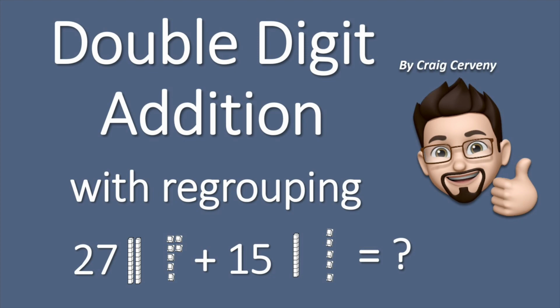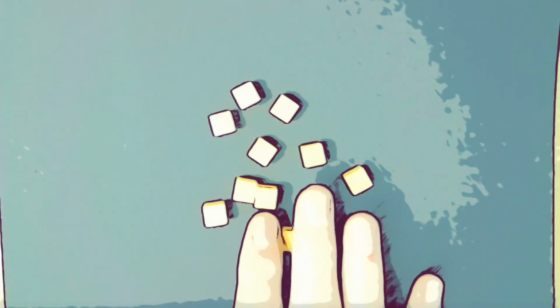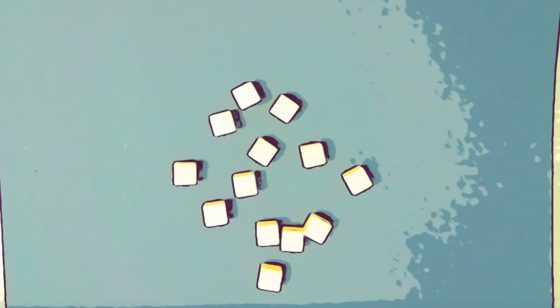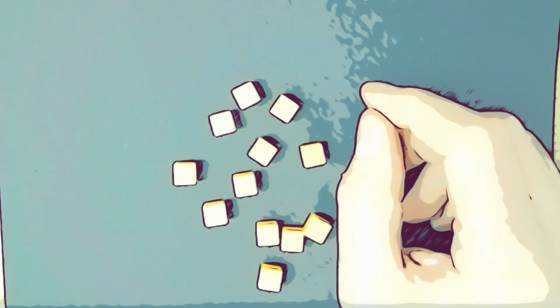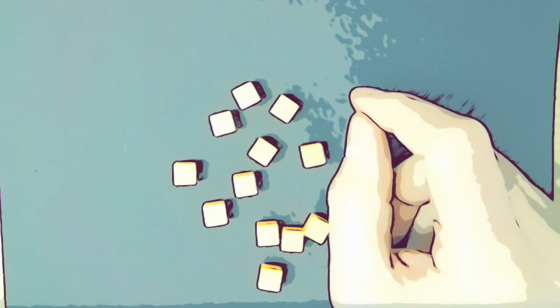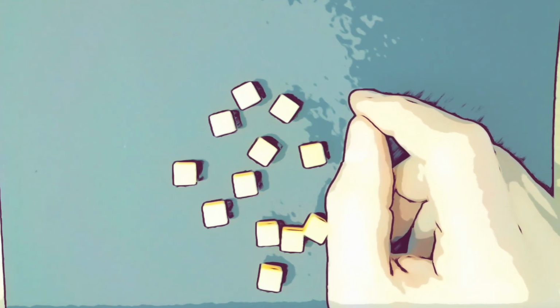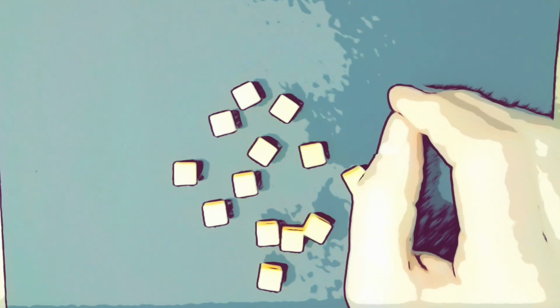So right here, I have some 1-bits. And when we're in kindergarten and first grade, we use these to count by ones. So let's count to see how many we have. And then I'm going to show you a trick to show you that there's a faster way than drawing this many circles on your paper.